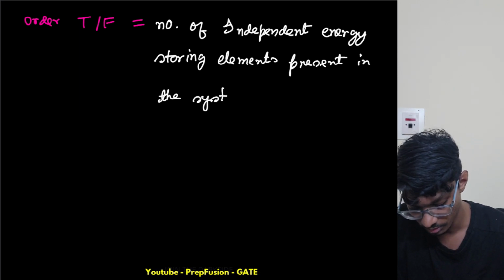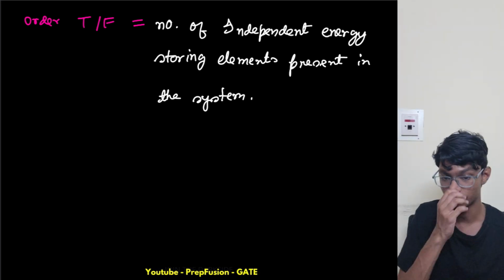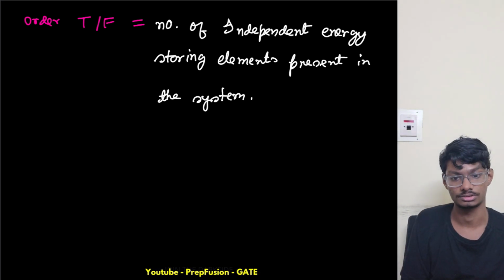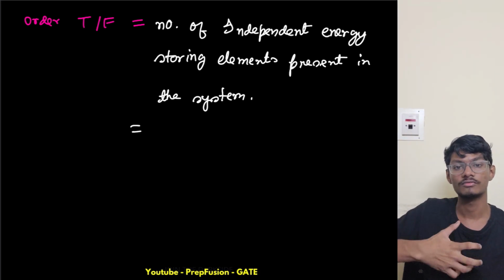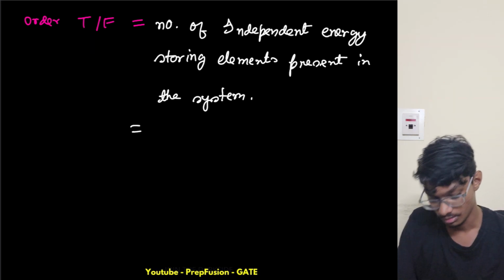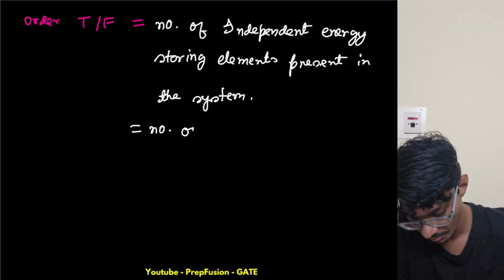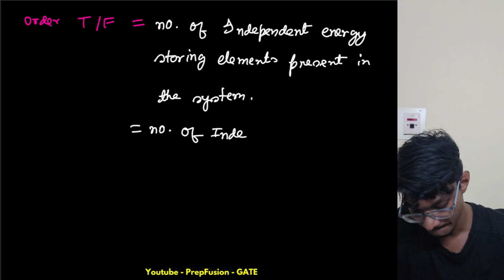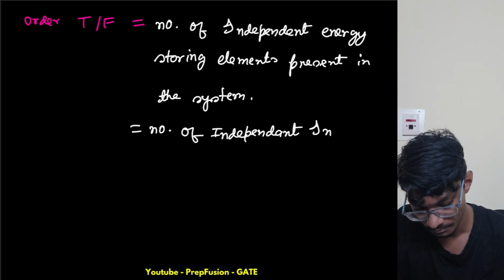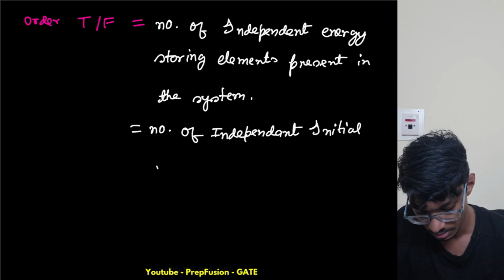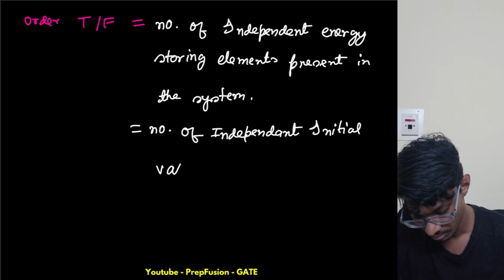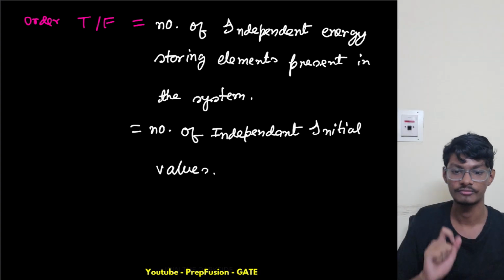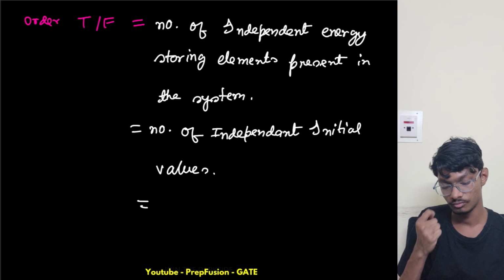I hope Himanshu has already taught you this in transient, so I'm not going to explain this much. Or you can say the number of independent initial values also.